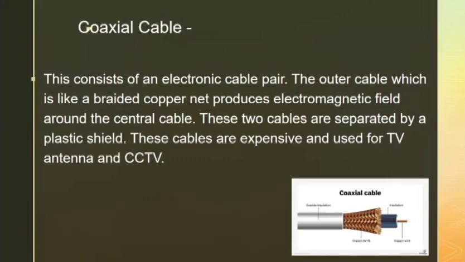You can see in this diagram we have a copper mesh to produce the electromagnetic field. There is also an insulation like a plastic shield between the copper wire and the copper mesh. It is very expensive, and it is used for TV antennas and CCTV.